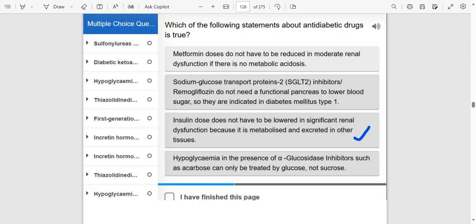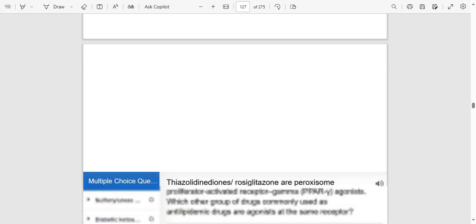Because the metabolism or the pharmacokinetics is also involving the kidney. We should change the dosing, right, when there's no proper function. So that's not true.